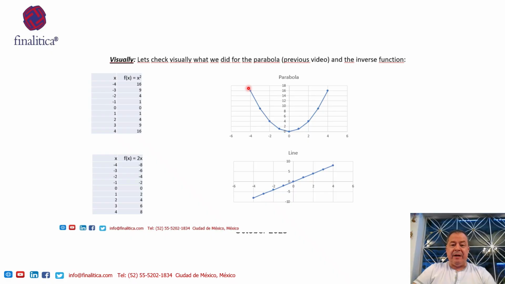This is the graphic of a parabola. And this line is the derivative. If you remember, the derivative of a parabola, x squared, is 2x.